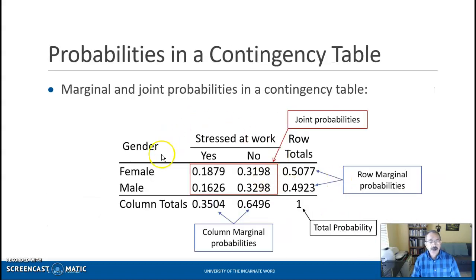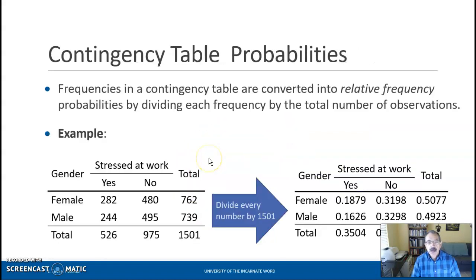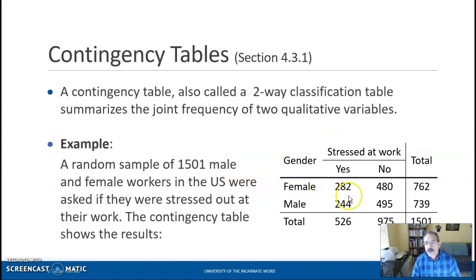So in this table, I'm showing these numbers that you calculate by dividing the frequencies by the total number of values to obtain the relative frequencies, and we're going to call these the joint probabilities. And these are going to be the row marginal probabilities, and these are going to be called the column marginal probabilities, and this is the total probability. So this is the structure of a contingency table in terms of the probabilities and in terms of the frequencies.